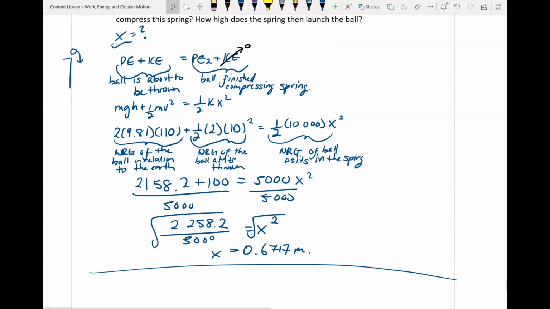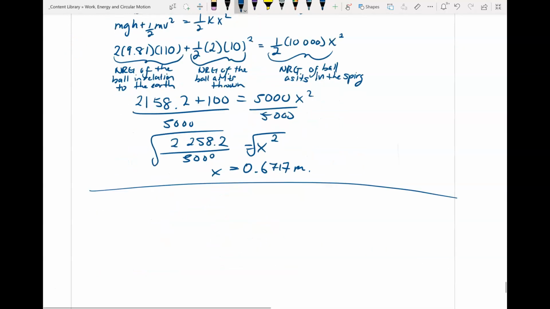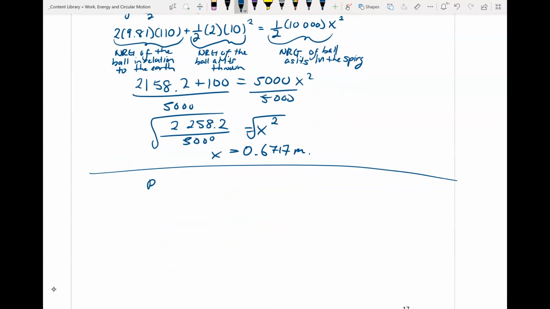Now we're going to look for the height of our ball. So we have the potential energy coming from the spring, which is equal to the potential energy when our ball is in the air at the peak.